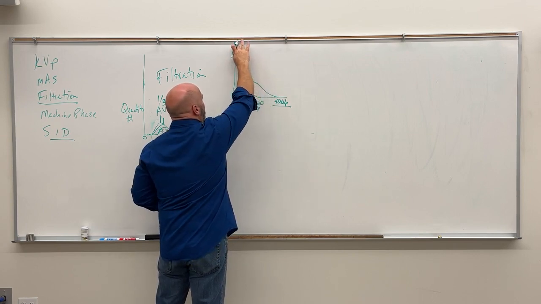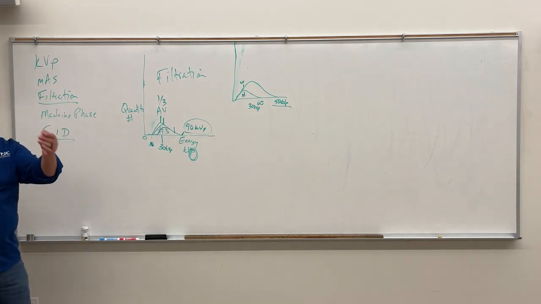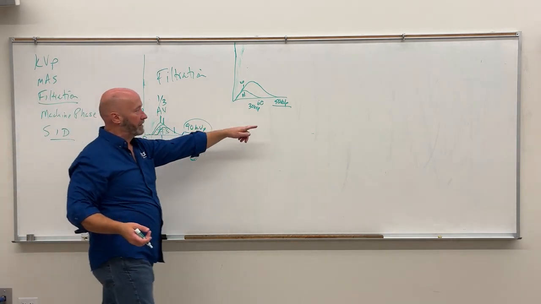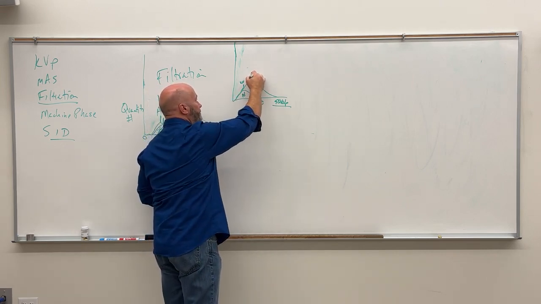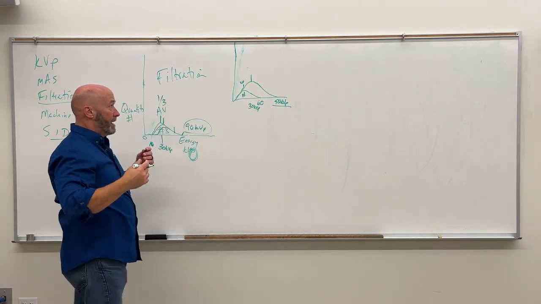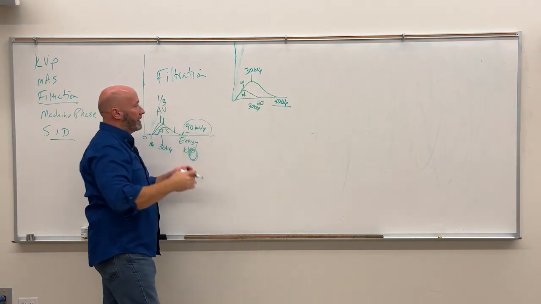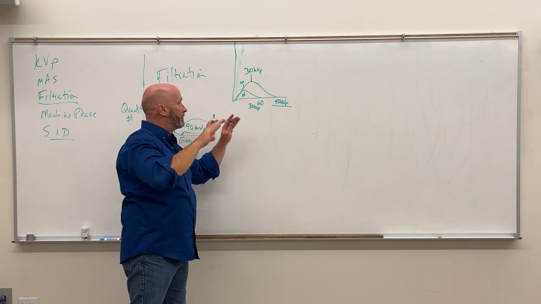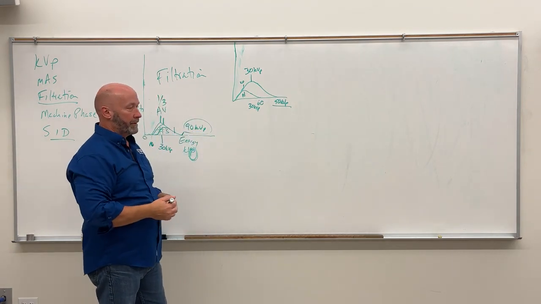We don't stop making any of the X-ray photons that we created before, we just added more on, especially at the peak energy. So what happened to our average? It increased, right? It pushed our average towards the high energy side.